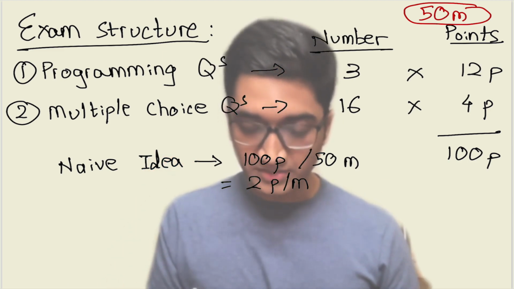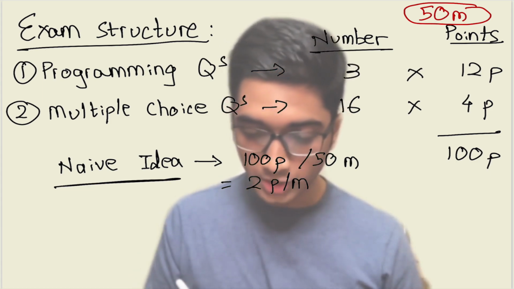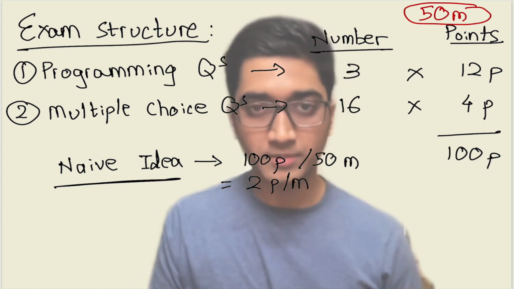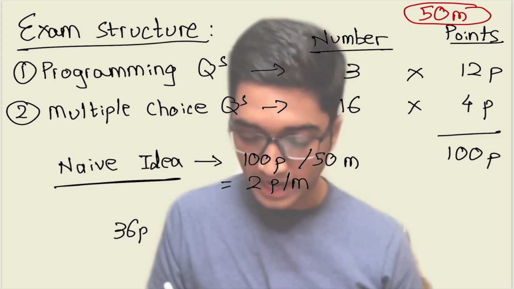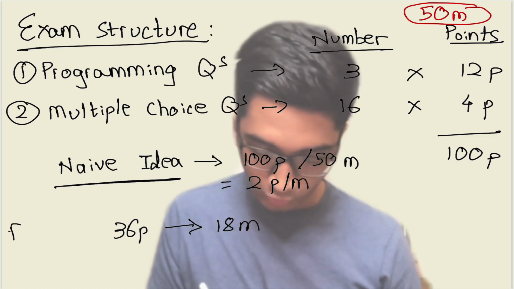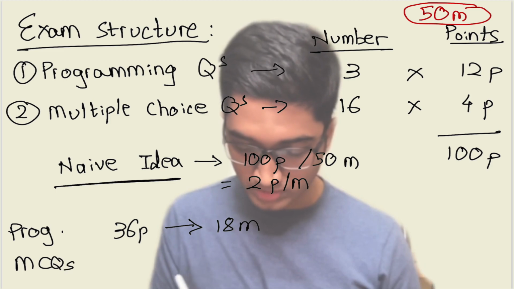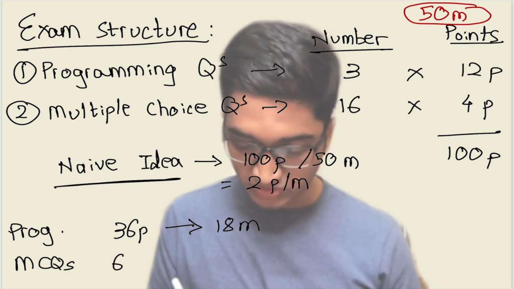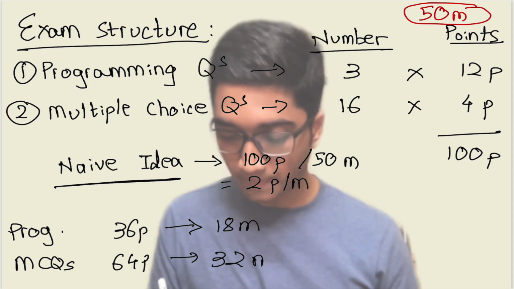But the reason I'm calling this a naive idea is the following. When you look at the amount of points you have for programming, you have 36 points for programming, and that equates to 18 minutes for programming. And for MCQs, you have 64 points, which then equates to 32 minutes.